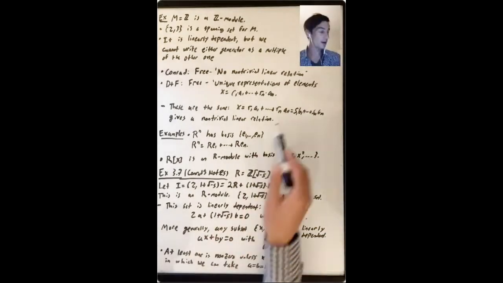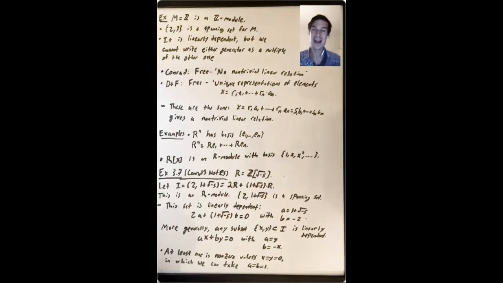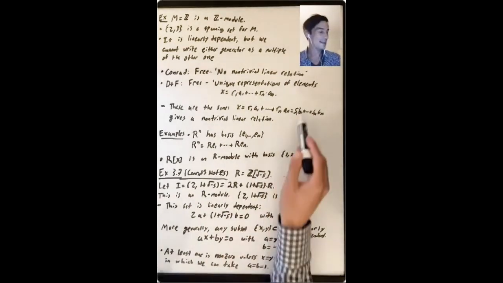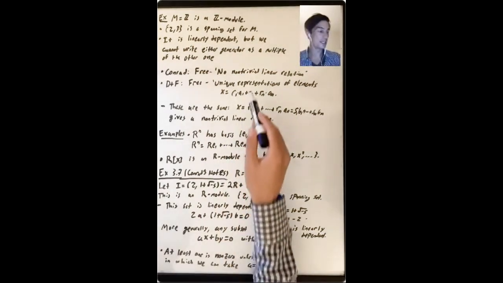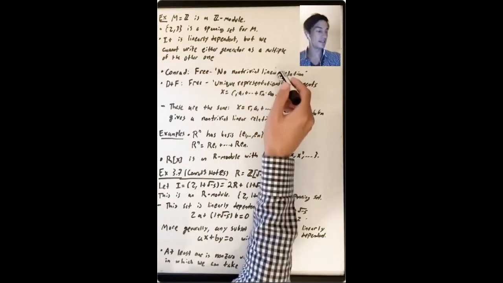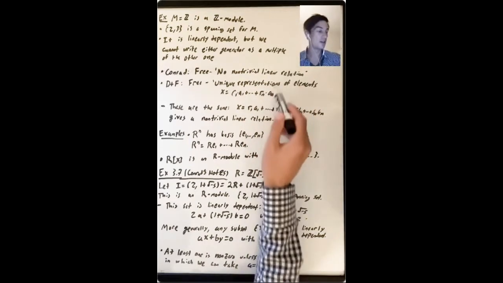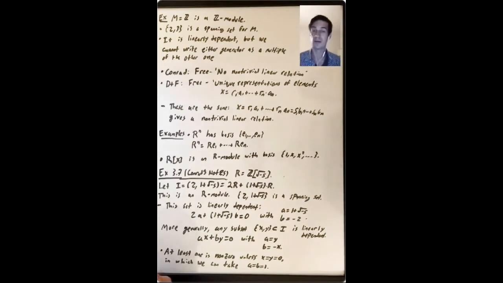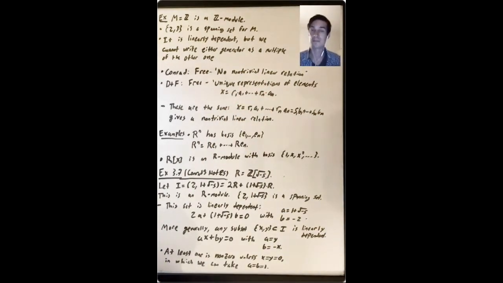How is that going to work? You just subtract this side from this side, and you get something that gives a non-trivial relation for 0. So you'll see that failure of uniqueness gives a non-trivial relation. If you have a non-trivial linear relation, then you don't have uniqueness for 0 to begin with. So these don't look exactly the same at first, but they really are the same.